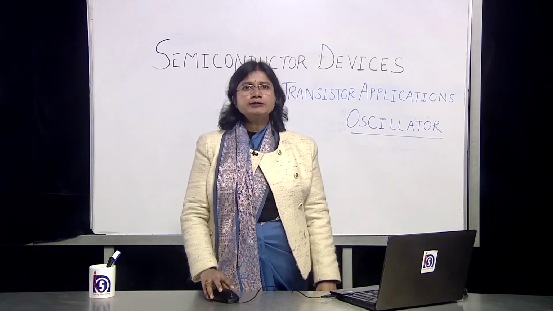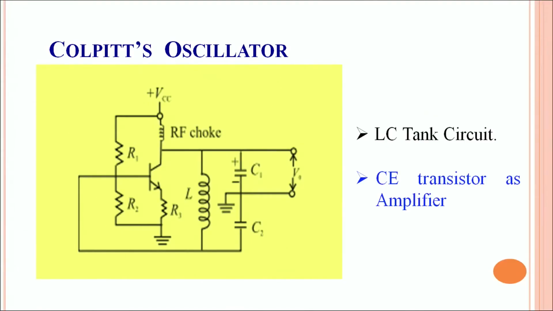So here we have an LC tank circuit which acts like an oscillating circuit, and the transistor is used in common emitter configuration. So let's go into details of the working of this Colpitts oscillator.